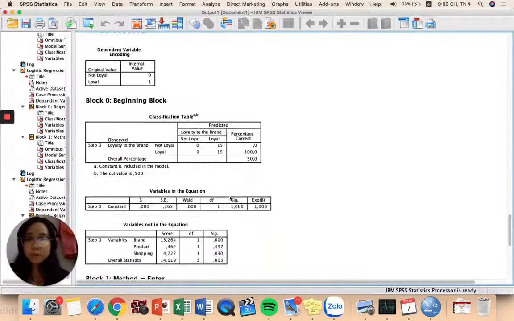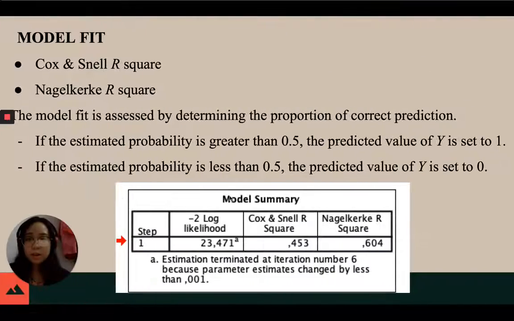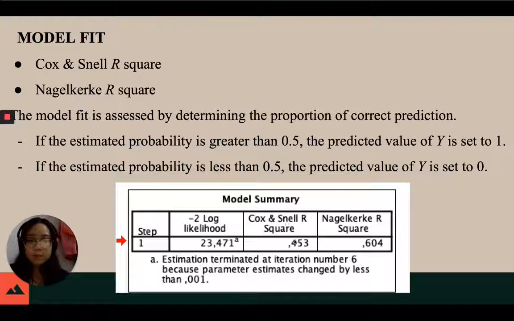So we get the result. Alright, back to the slide. We can find in this table the Cox and Snell R-square equals 45%, and the Nagelkerke R-square is 60%.